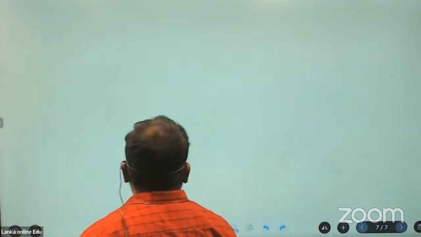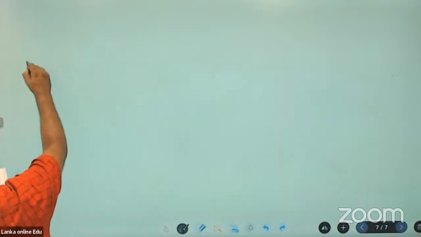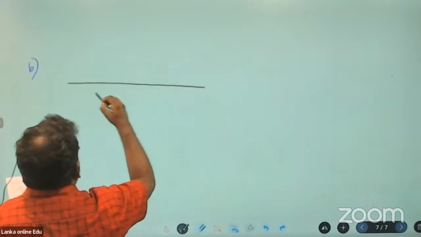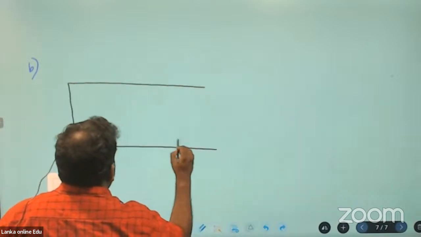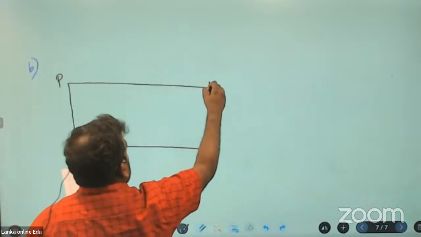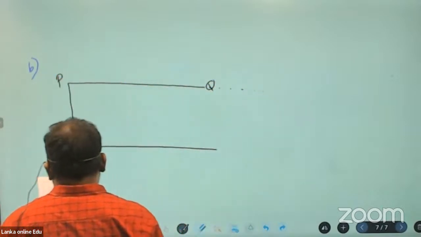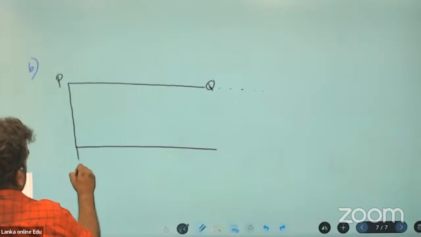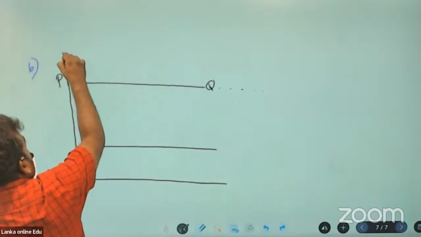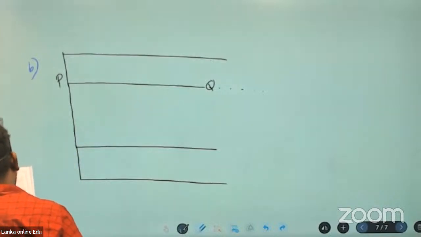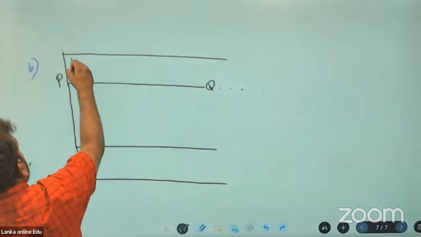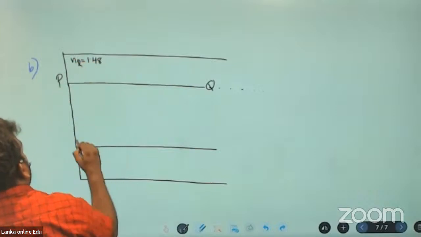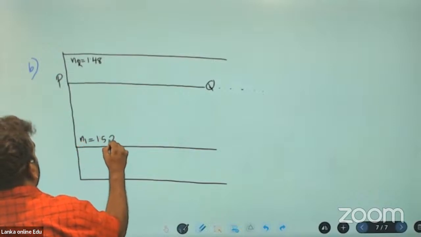Now part B. Here we have refractive index 1.48 outside and refractive index 1.52 inside.